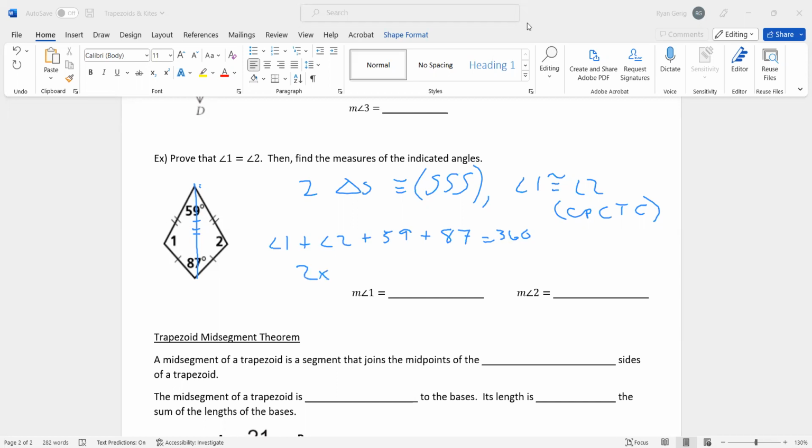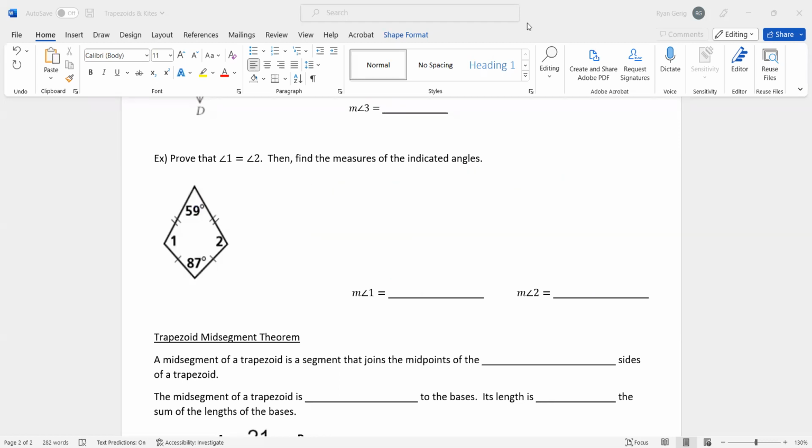So that's 2x plus whatever 59 plus 87 is, 146, equals 360. Subtract 146, 214, so 2x equals 214, divide by 2. They are both 107 degrees. All right. So yeah, that's kites.